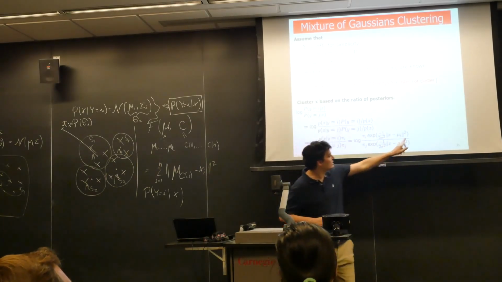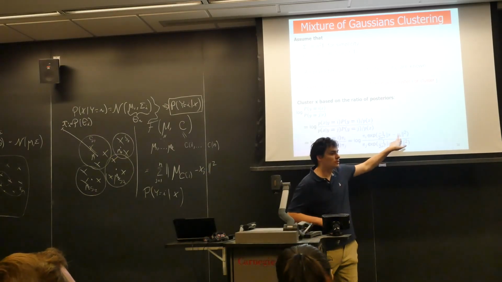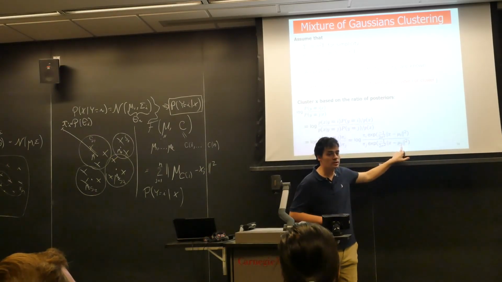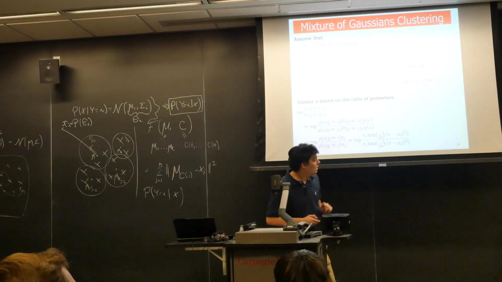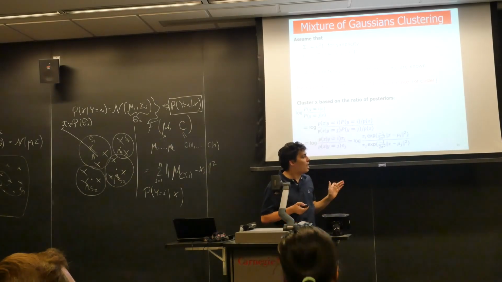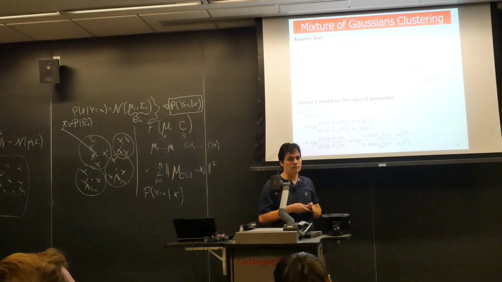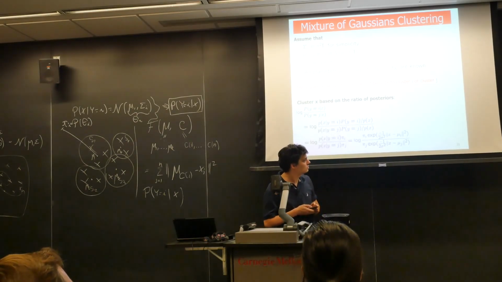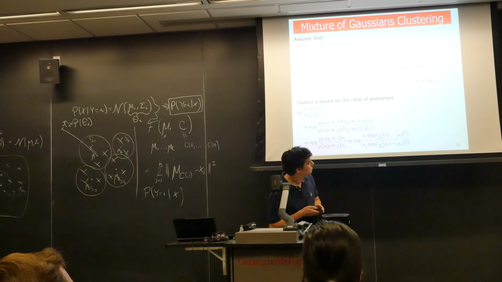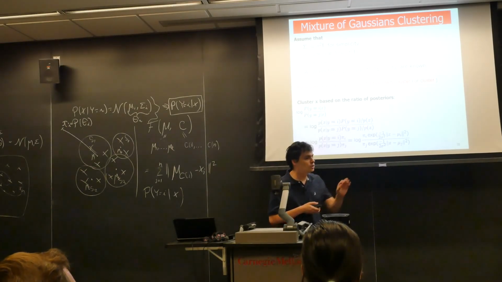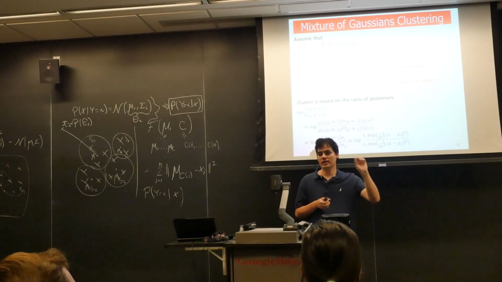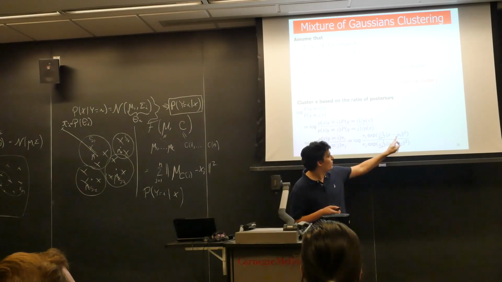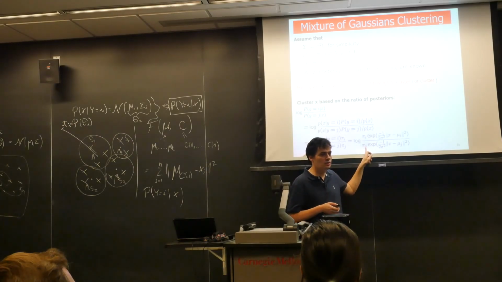If this is bigger than 0, then the point belongs to cluster I. If it's less than 0, it belongs to cluster J. So here is the question: how does this decision boundary look? Right, so I'm in, say, a d-dimensional space. Parameters mu I, mu j, pi I, pi j, they are given.